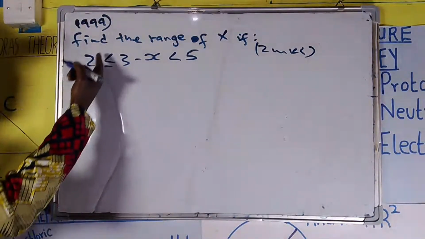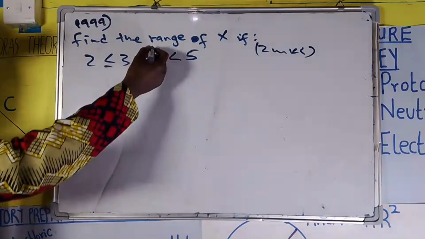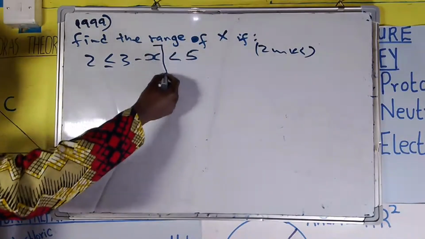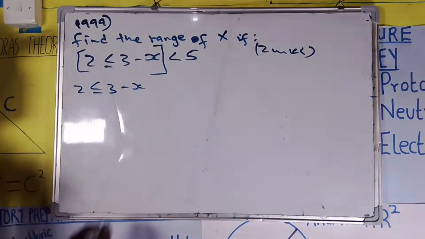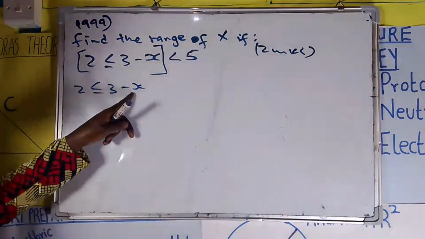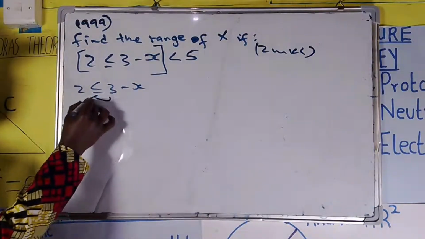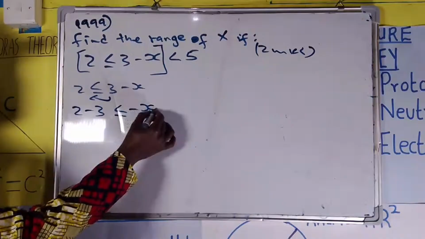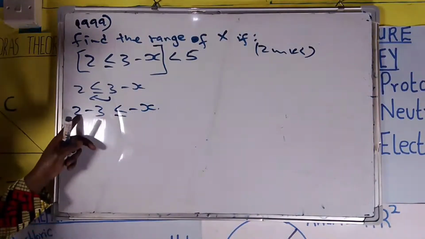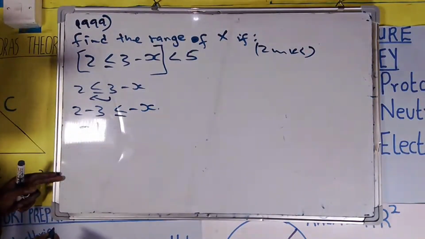So tulisema 2 is less than or equal to 3 minus x, ya kwanza inaishia hapa. So tutachukua 2 is less than or equal to 3 minus x. And because we want to be left with x, we will bring this to the other side and have 2 minus 3 is less than or equal to negative x. So 2 minus 3 is negative 1.